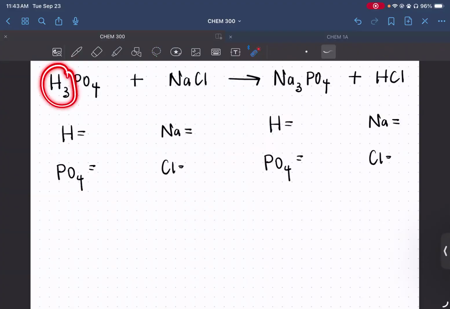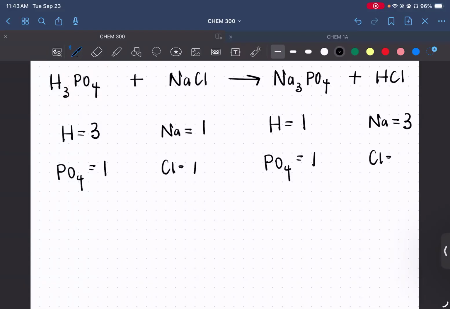Right now, we can see that there are 3 hydrogens on the left, 1 entire phosphate ion on the left, 1 sodium, and 1 chlorine. On the right-hand side, we see that there is 1 hydrogen, 1 phosphate, 3 sodiums, and 1 chlorine.